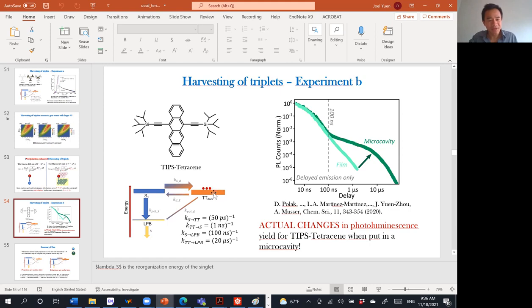So going back from triplet to singlet is really difficult. This is just like a fast equilibrium effect, a Le Chatelier's principle effect. Once you have population trapped in this manifold, it becomes really hard for it to first go to the singlet and then jump into the lower polariton. So it directly goes to the lower polariton, and it contributes to the delayed photoluminescence.